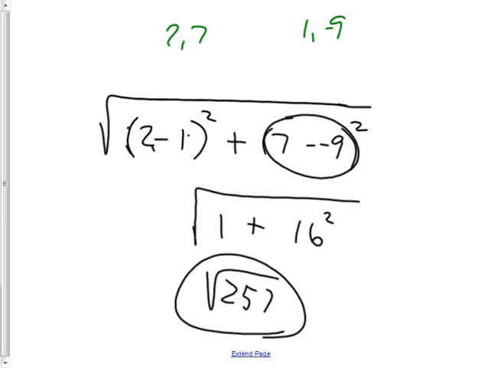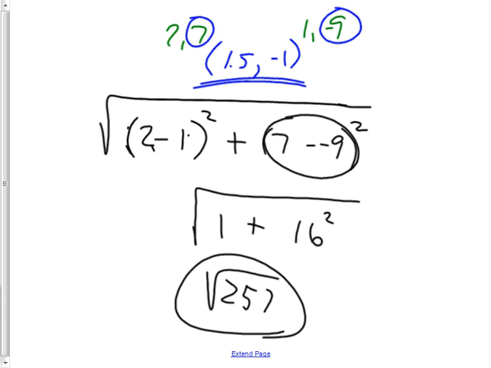So the average of these X's is 2 plus 1 is 3 divided by 2 is 1.5, comma, average of the Y's. This is a little weirder. They add up to negative 2. So then I divide by 2 and I get negative 1. There's your midpoint, 1.5 comma negative 1. Raise your hand if you had that one right. Okay, good.